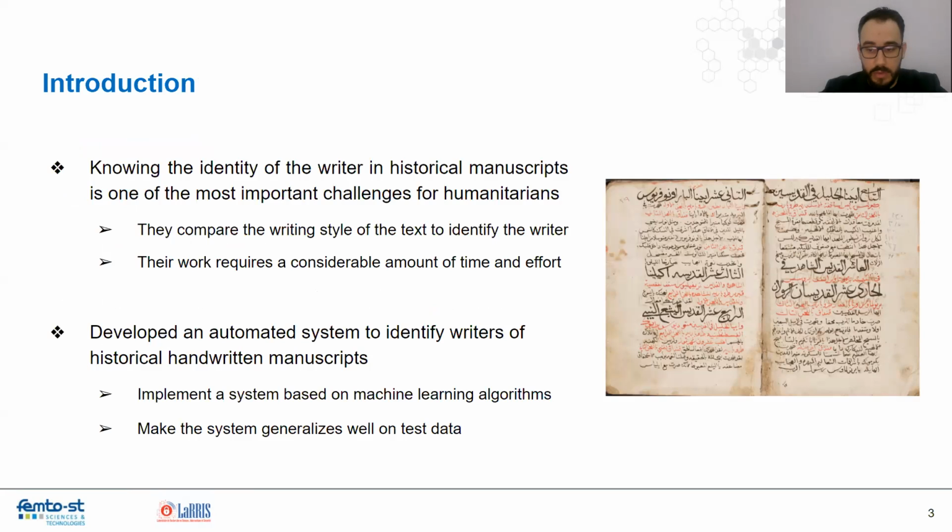As I work in a digital humanities center, we notice that it is a big challenge for humanitarians to compare the writing style and to identify the writer for each manuscript, especially for historical manuscripts, because a lot of them have a bad physical aspect due to time.